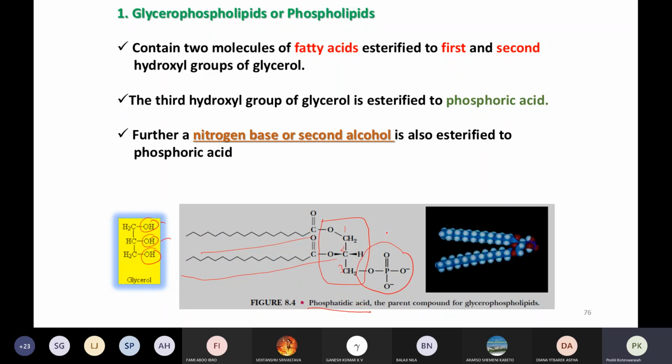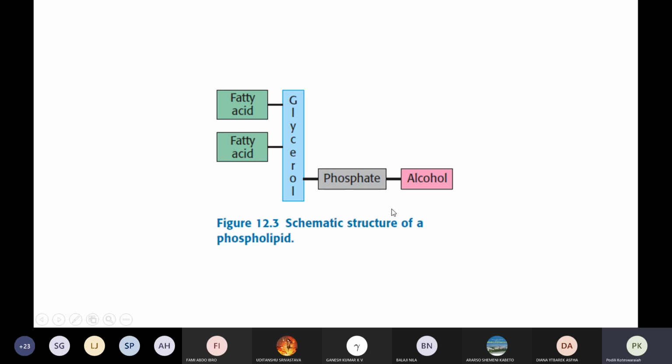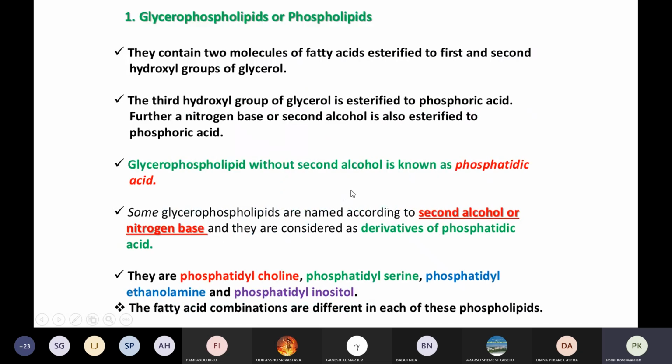When this phosphatidic acid is further esterified with another nitrogen-based compound, we get different types of phospholipids: phosphatidylcholine, phosphatidylserine, phosphatidylethanolamine, and phosphatidylinositol.